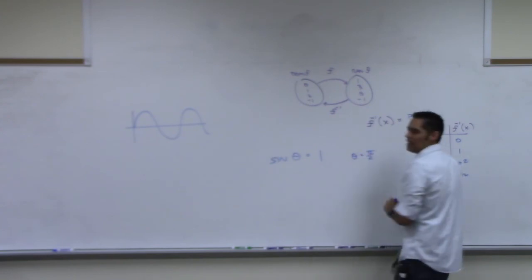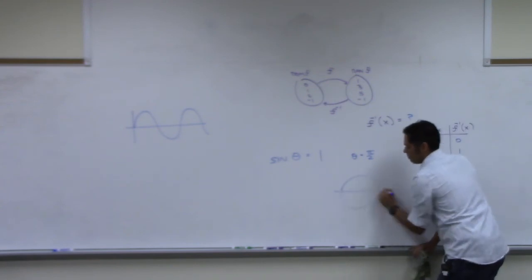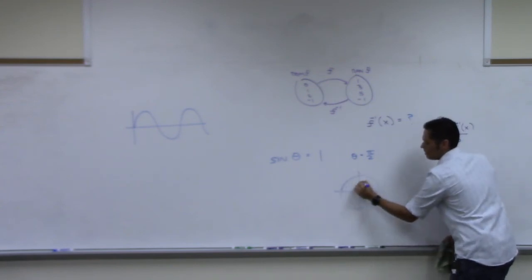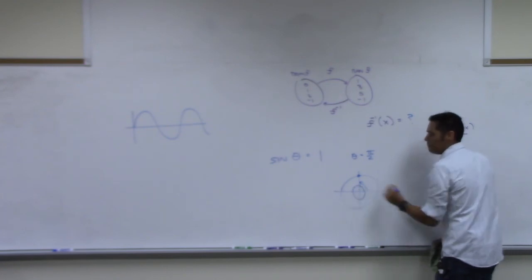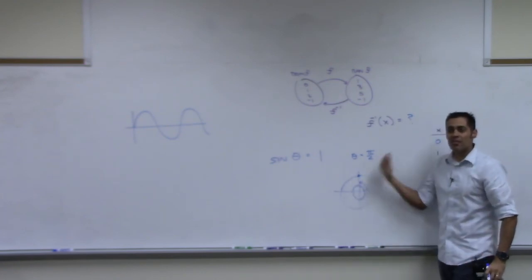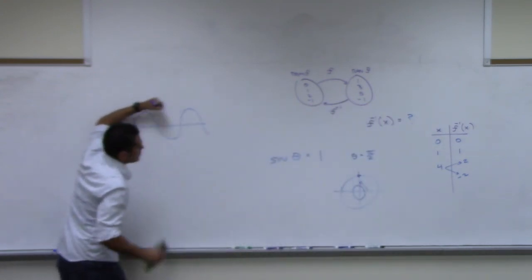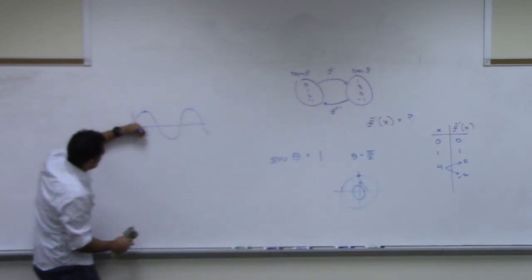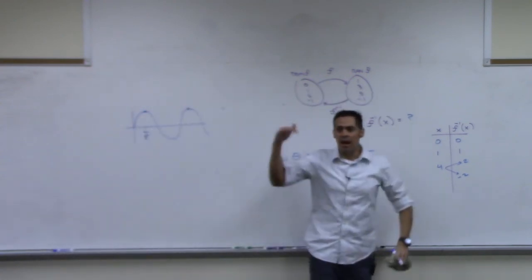But is that the only answer? It's not, because pi over 2 is up here, right? That's pi over 2. But I could have gone all the way around and come back up. There's actually an infinite number of places. And graphically, it's here. That's right, pi over 2 is where we're at 1, but then it happens here. And at every one of those peaks, I have answers.